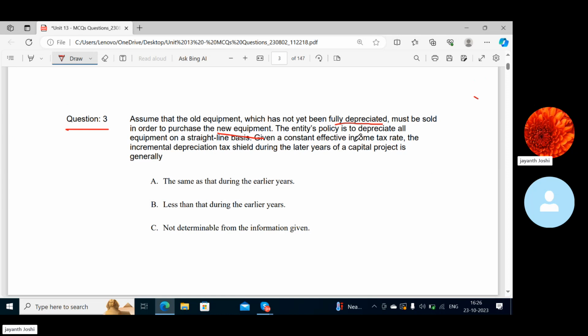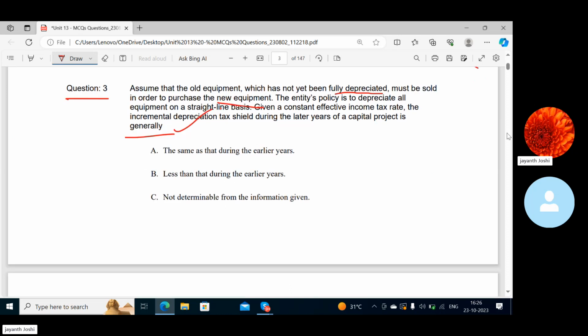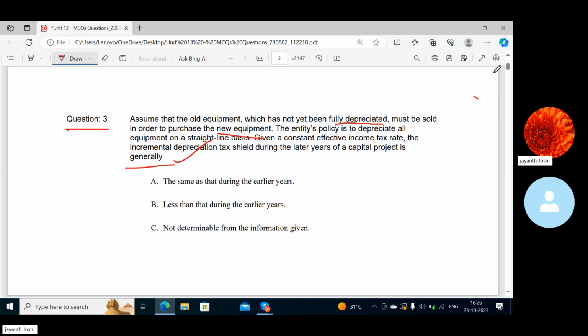Given a constant effective income tax rate, the incremental depreciation tax shield during the later years of the capital project is generally what? Just read the question once again.